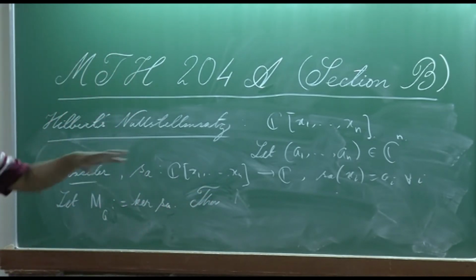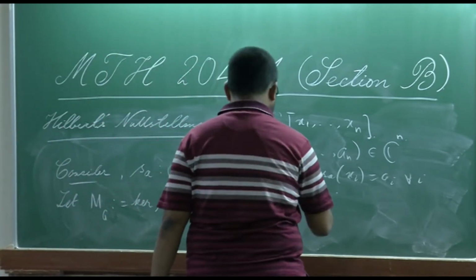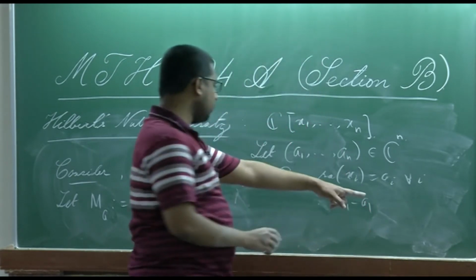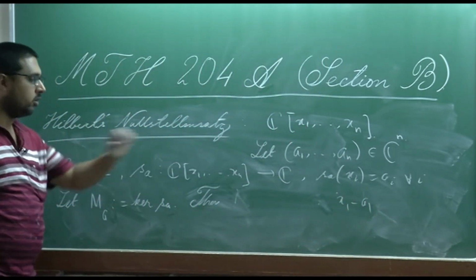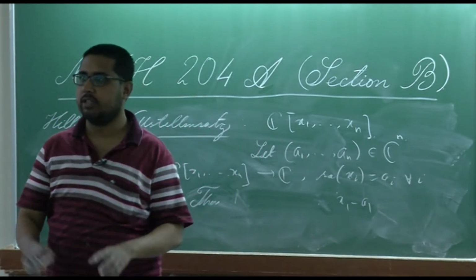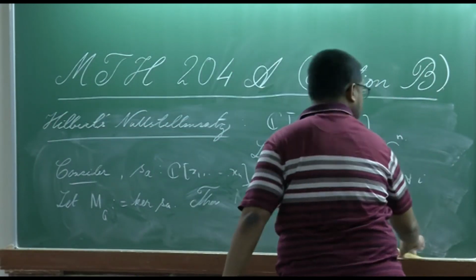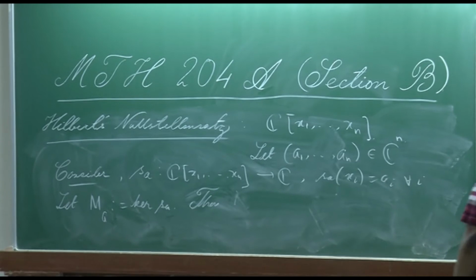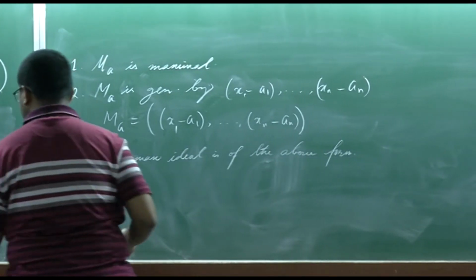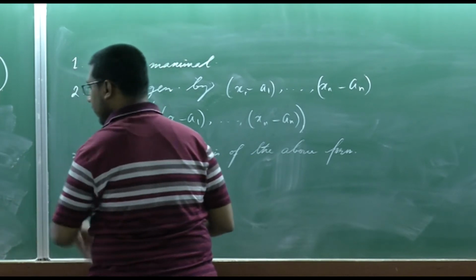For example, the polynomial x1 minus a1 goes to 0 under the evaluation map, and x2 minus a2 also goes to 0. So one thing is very clear; let me write down the proof. Observation: xi minus ai are contained in the kernel of S_a.